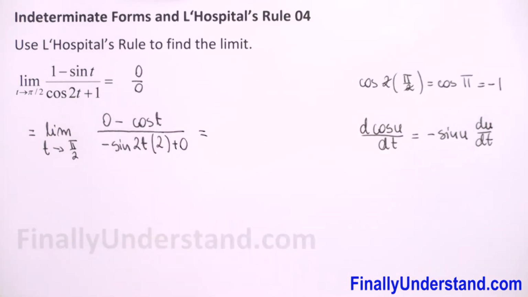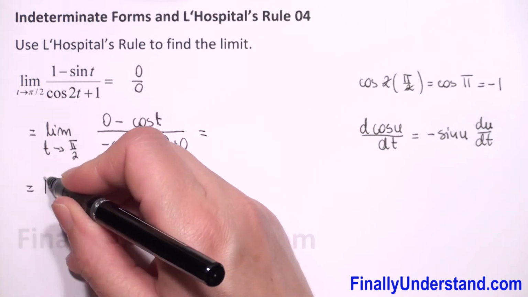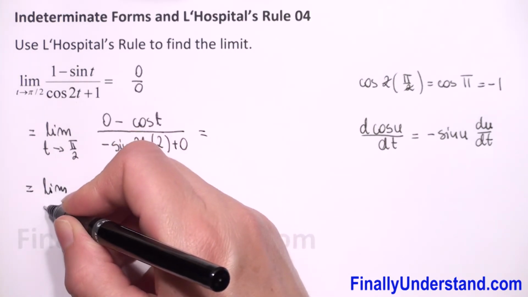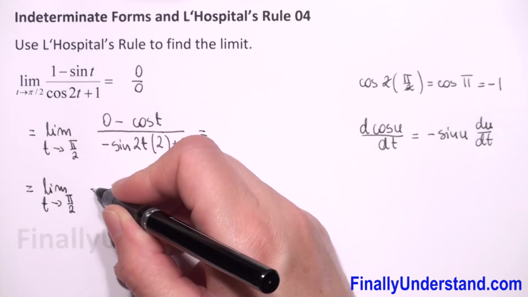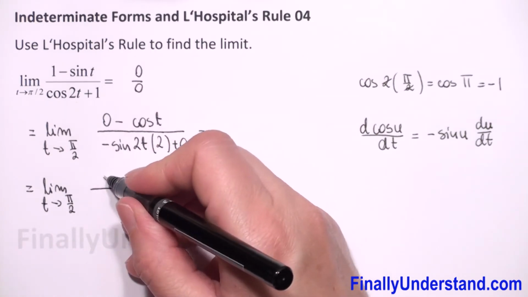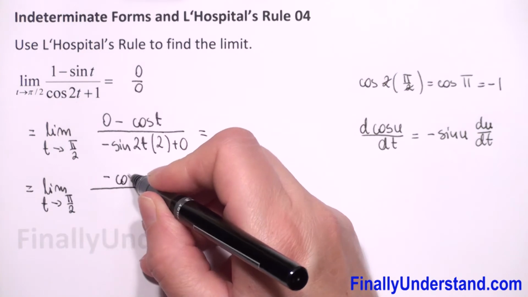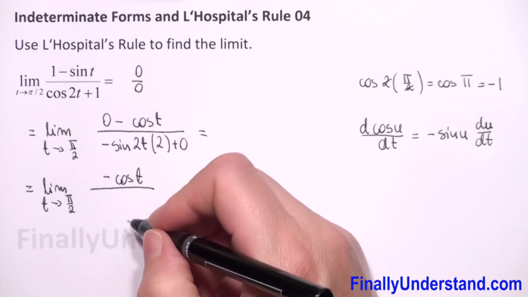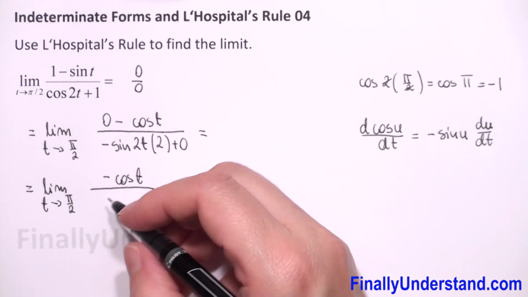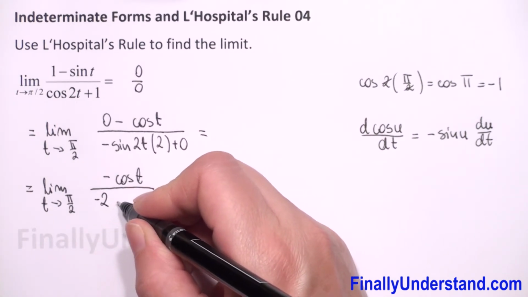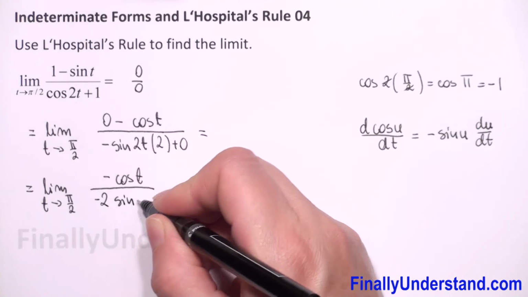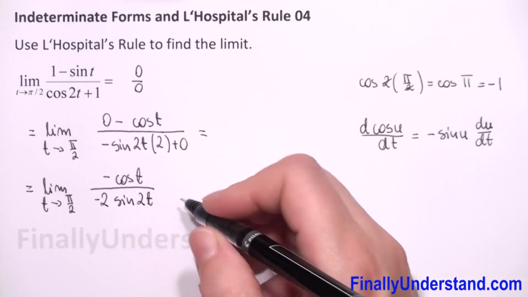So this is equal to the limit as t approaches pi over 2. In the numerator we have negative cosine of t, and in the denominator, I can put the 2 first, negative 2 times sine of 2t.